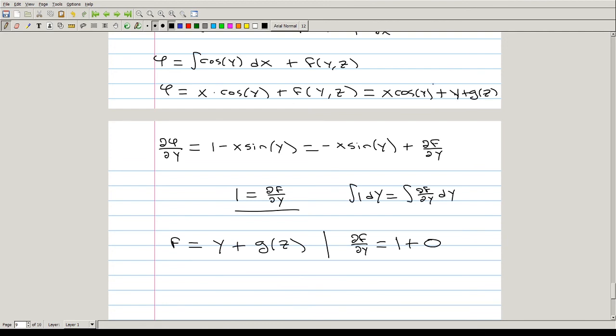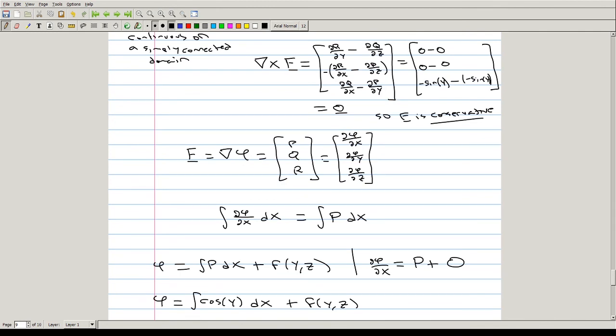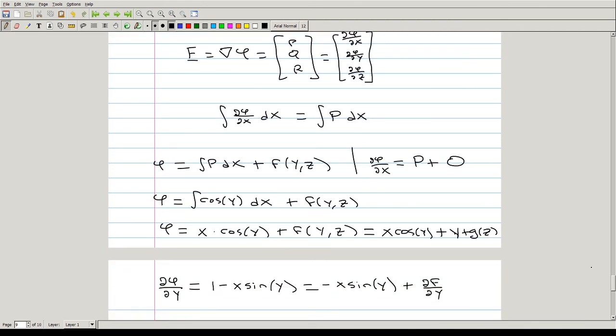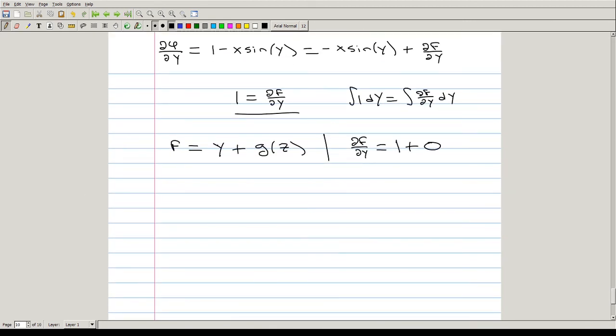And we're almost done here, because this expression for phi will satisfy the first two equations in our system for the conservative vector field F. So the last equation that we have to make sure is satisfied is that the z partial derivative of phi is equal to r. So d phi dz is equal to r, which is 1.